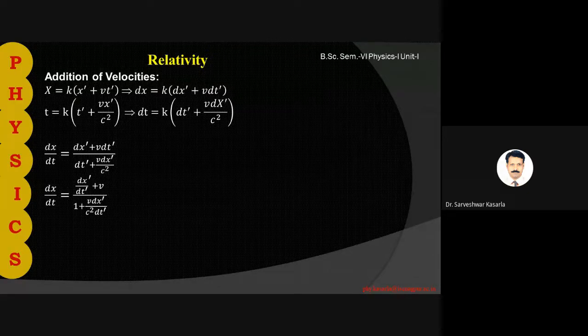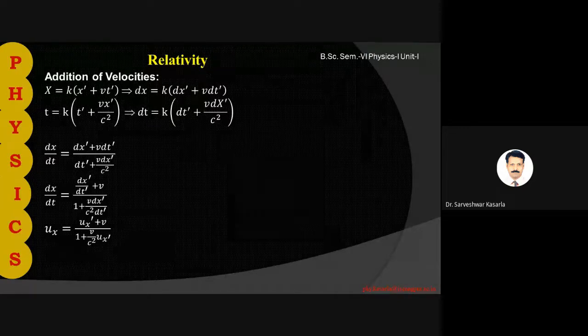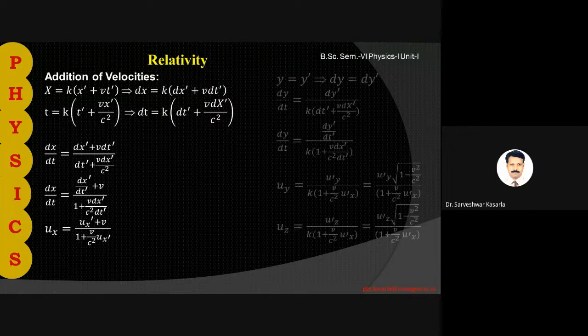So dx by dt is nothing but ux, the velocity, and dx dash by dt dash is nothing but ux dash. So ux is equal to ux dash plus v upon 1 plus v upon c square ux dash. So this is the velocity.